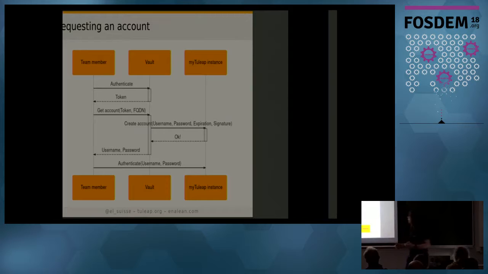Vault will then request the creation of the account on your application. It will pass the username, the password, and an expiration date. So even if the communication is broken between Vault and the instances, the account does not live indefinitely; it has a limited lifetime.